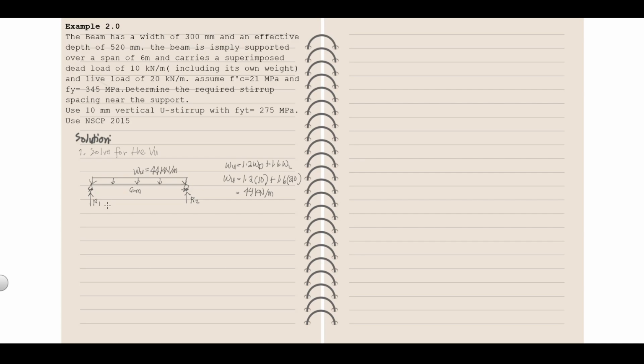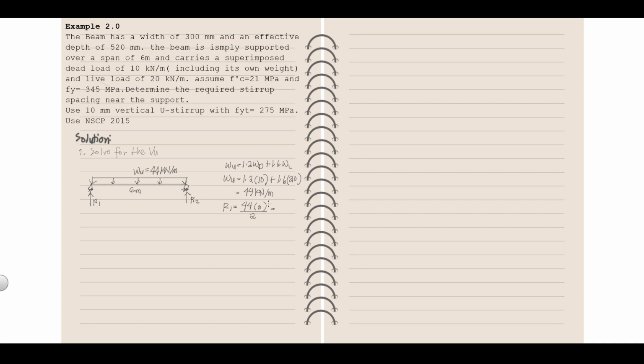Alright? So next, ready na tayo mag-solve ng R1. R1 here is equal to, as you can see, it is a symmetrical beam with symmetrical loading. So obviously, R1 will have half of the load. That is the total load, 44 times 6. Kalahati mapupunta sa R1, so divide by 2.